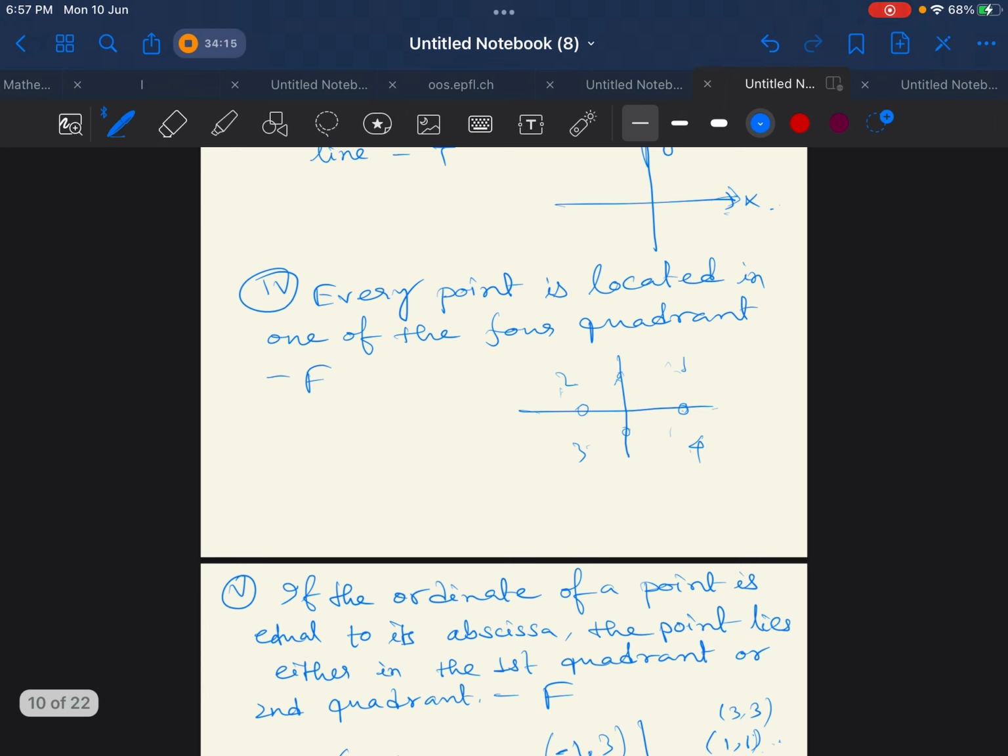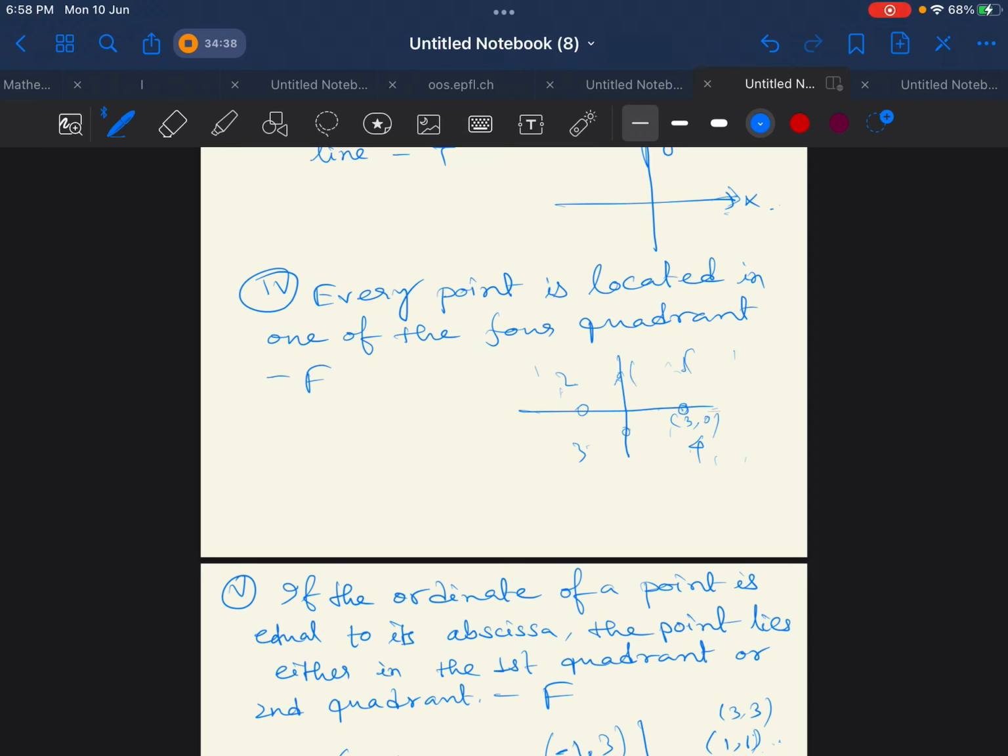Question number 4. Every point is located in one of the 4 quadrants. First quadrant, second quadrant, third quadrant and fourth quadrant. Also there are points located on the x axis.